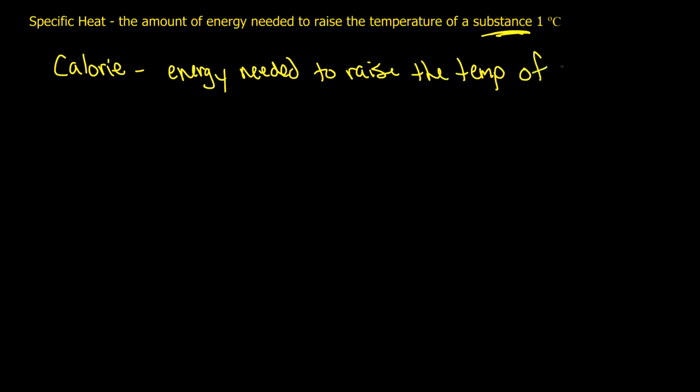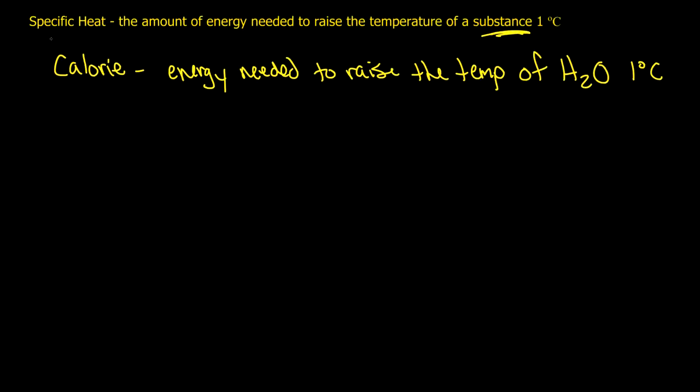These two definitions are practically the same, it's just that it varies in what substance we're talking about. Specific heat is for any given substance. A calorie is specifically for water.